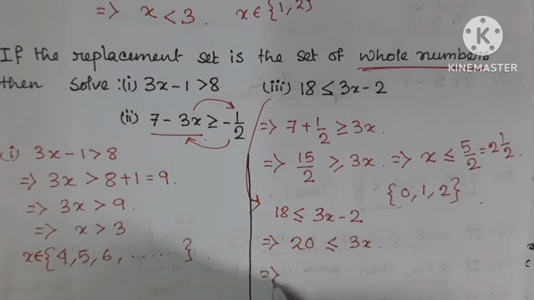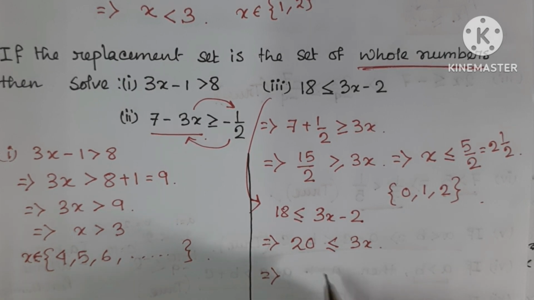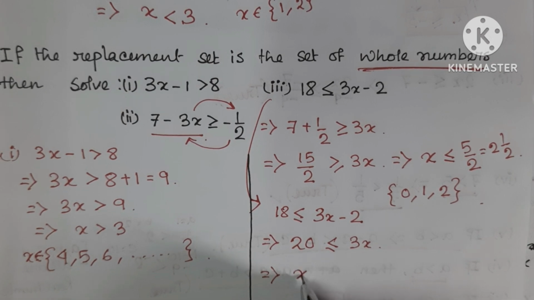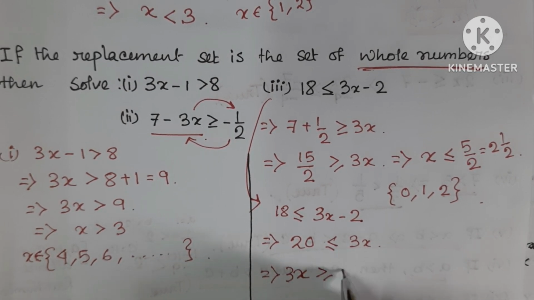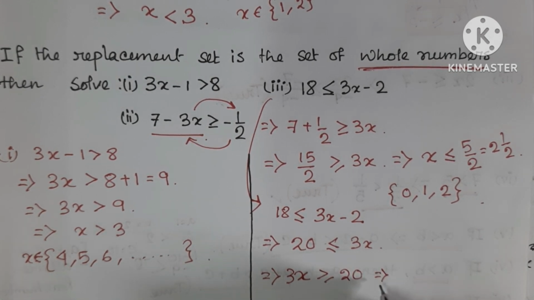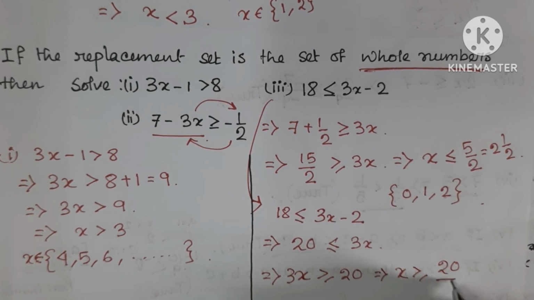Now you can reverse it, then it will become 3x greater than or equal to 20. Now if you divide both sides by 3, x is greater than or equal to 20 by 3.